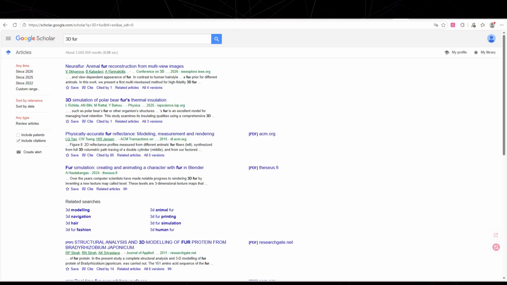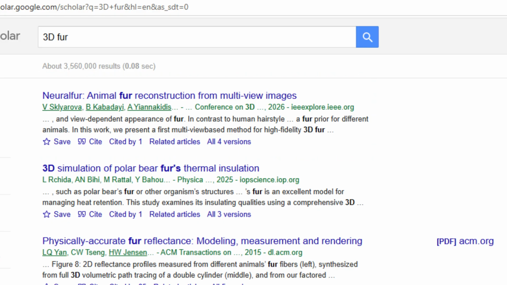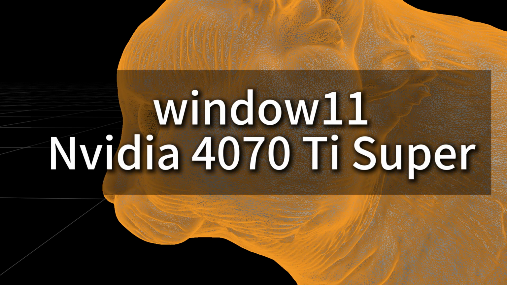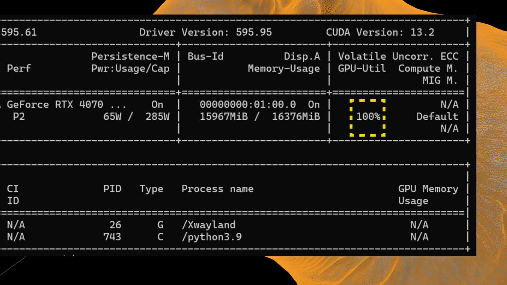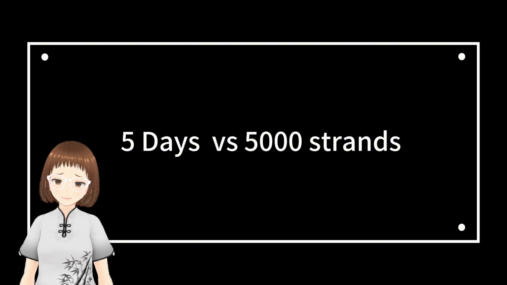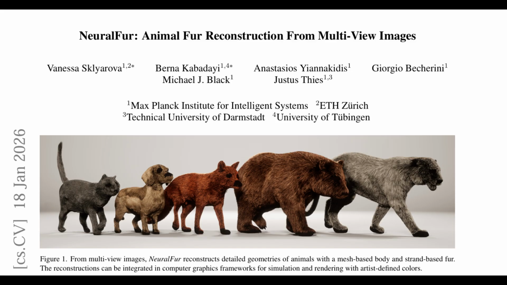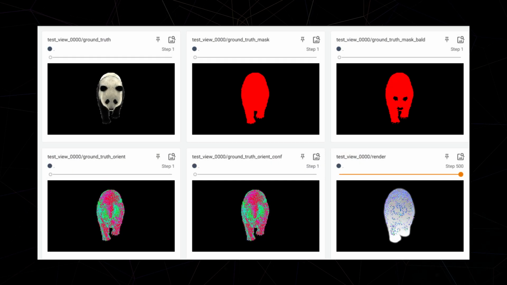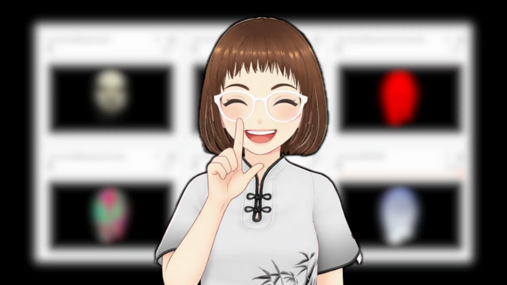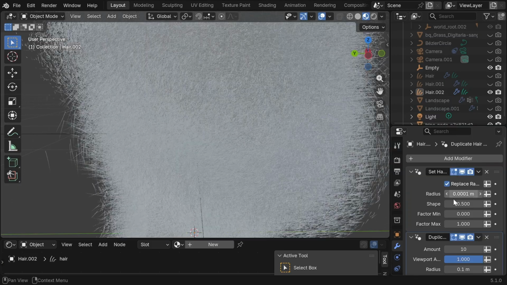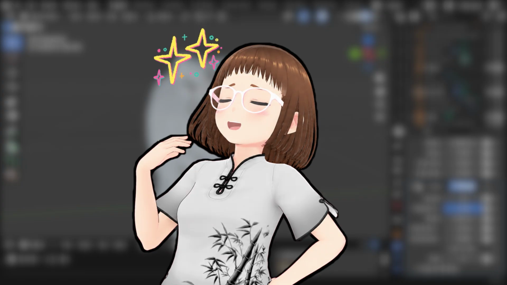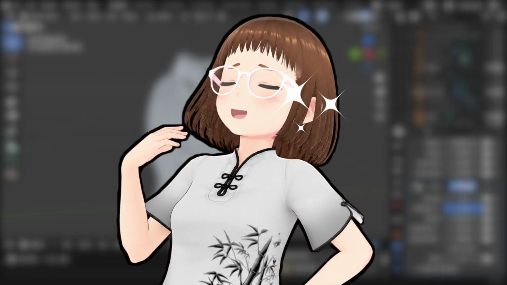Among the few related works, the closest to my goal is a NeuroFur paper, but when applying it to our AI-generated model, on my machine, it would need a GPU at 100% load for about 5 days just to run 5,000 strands. That is terrible cost performance, mainly because it relies on 3D Gaussian splatting for inference, and the early results are also hard to control. What I need is a lighter pipeline that can start from an AI 3D animal model and is easy to repeat. Alright, next is the core of our algorithm, and I completely developed it myself.